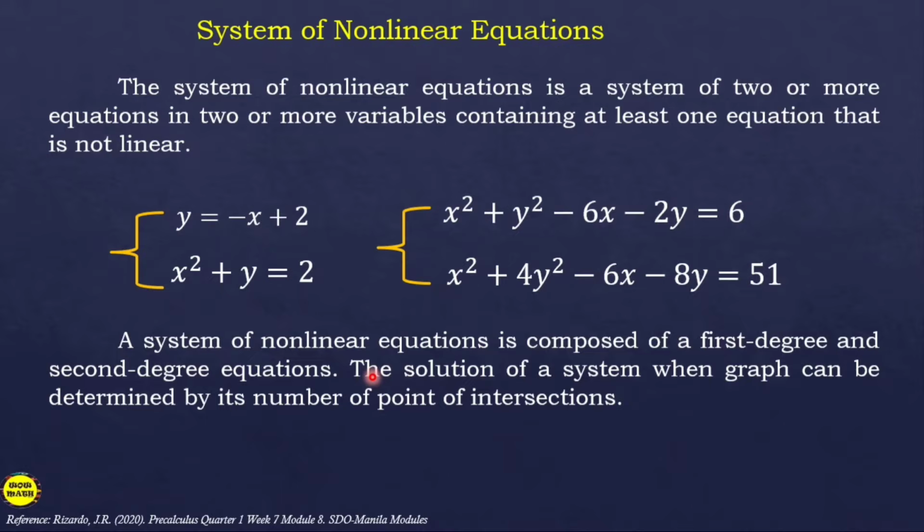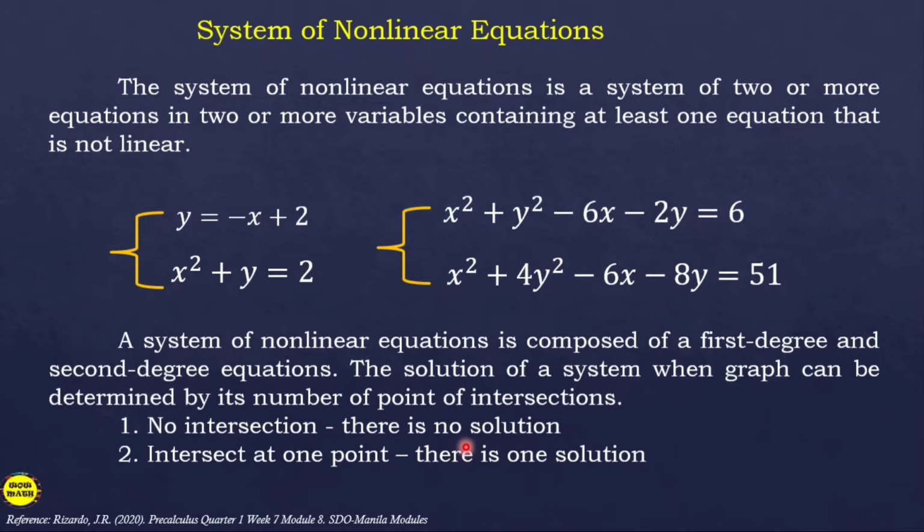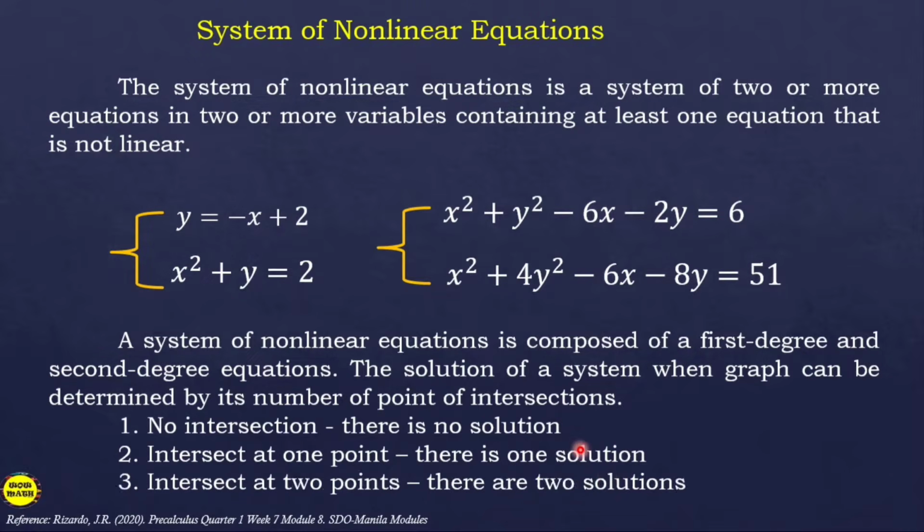Kapag walang intersections, ibig sabihin there is no solution. Kapag merong isang intersection, merong isang solution. And if there are two points na nag-intersect, merong dalawang solution. So malalaman natin yung number of solutions base sa number of intersections.